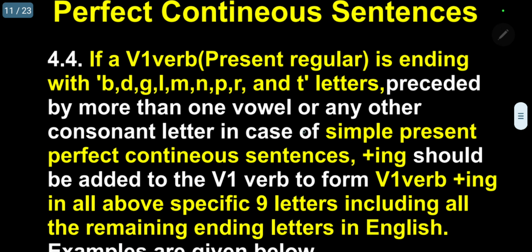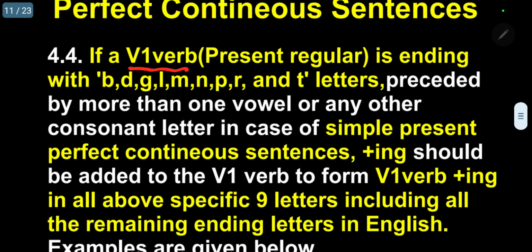Rule number 4.4. If a regular V1 verb ends with B, D, G, L, M, N, P, R or T letters preceded by more than one vowel, what is more than one vowel?